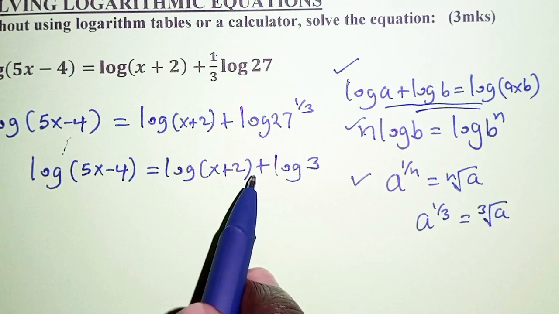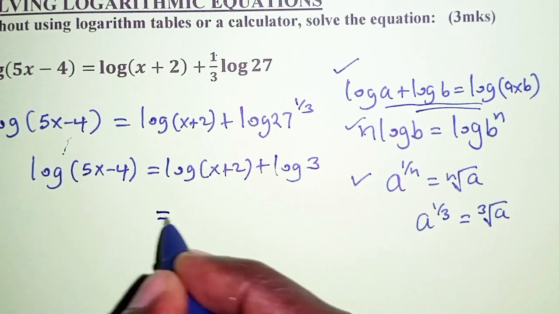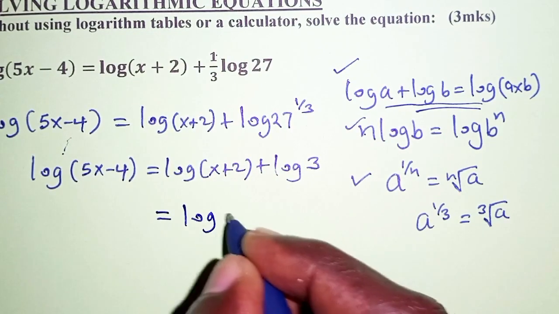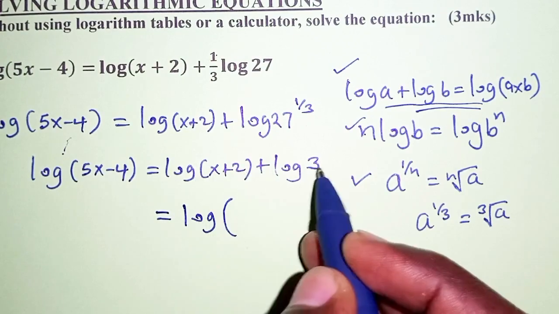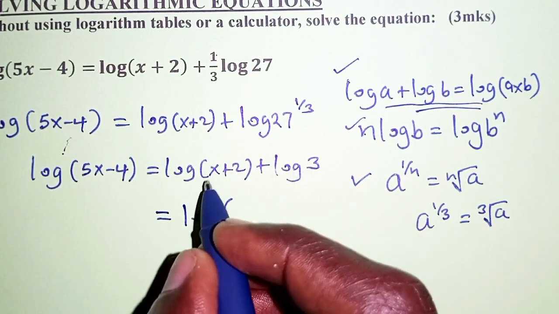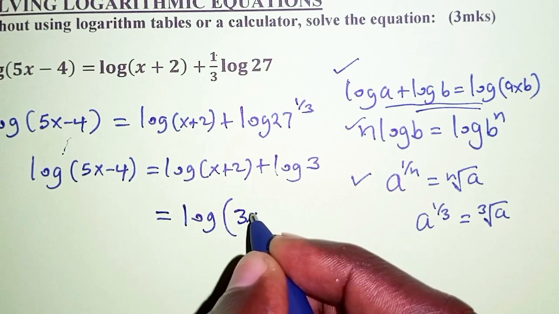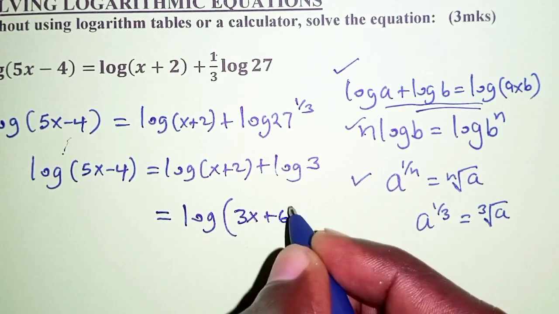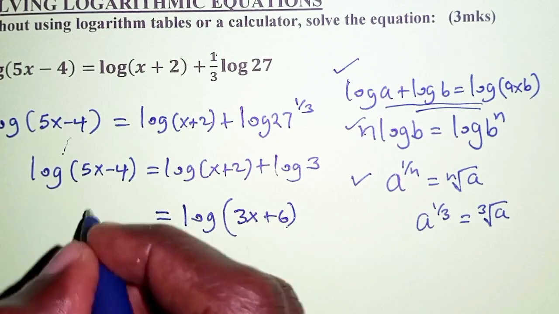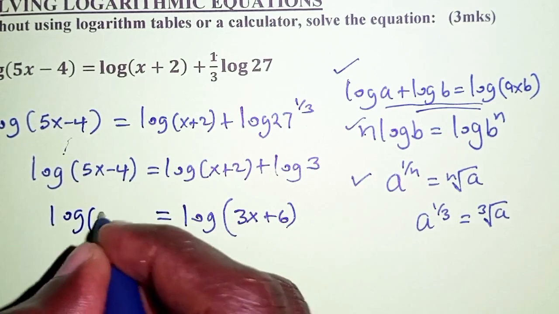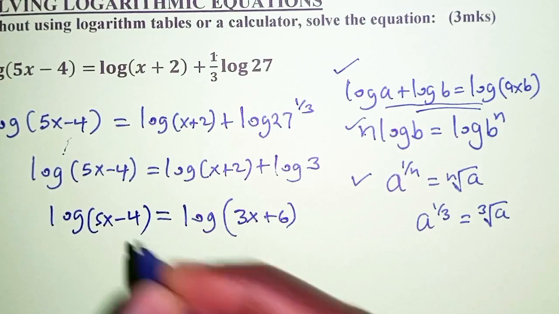So on the right hand side, we have addition. That means you are going to have logarithm of the product of this bracket and 3. And that is 3 times x plus 2. So we have 3x plus 6. And then on the left hand side, we still have log 5x minus 4.